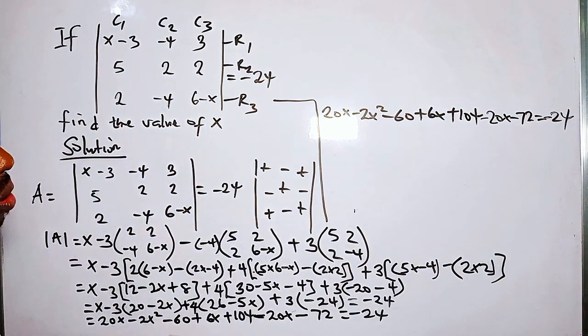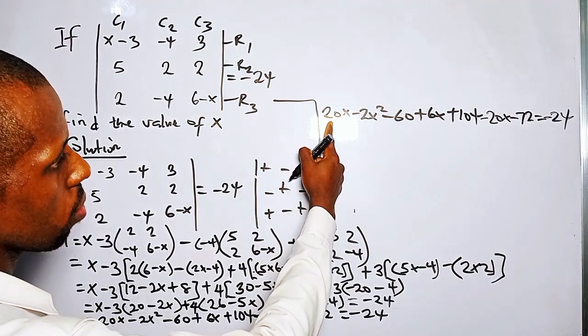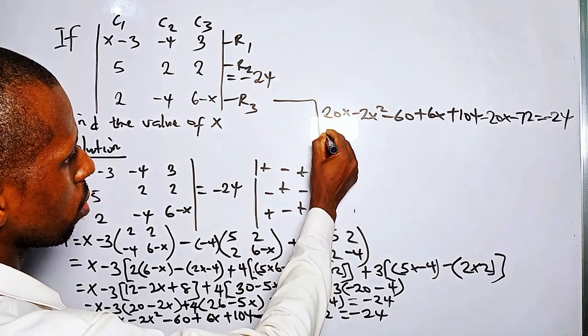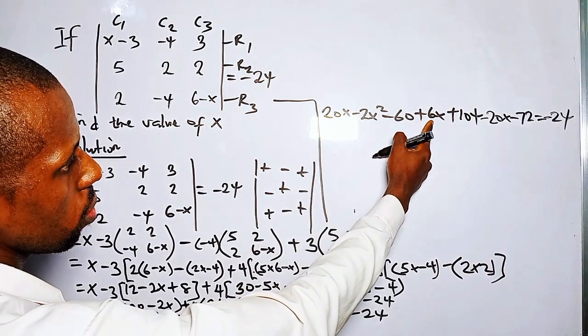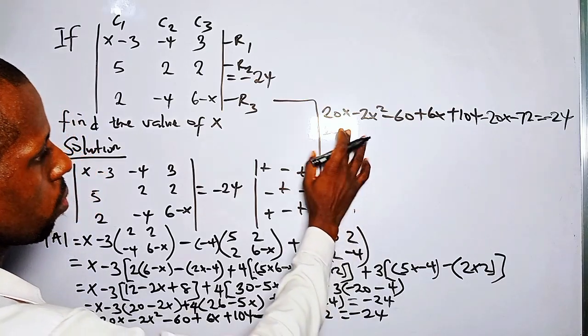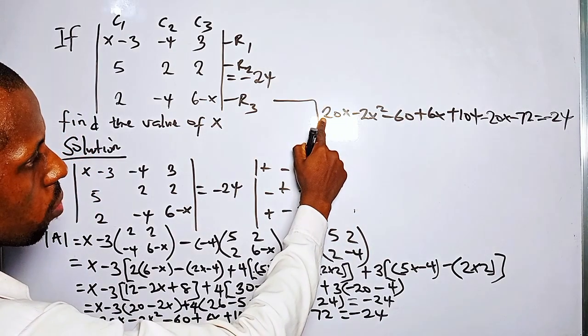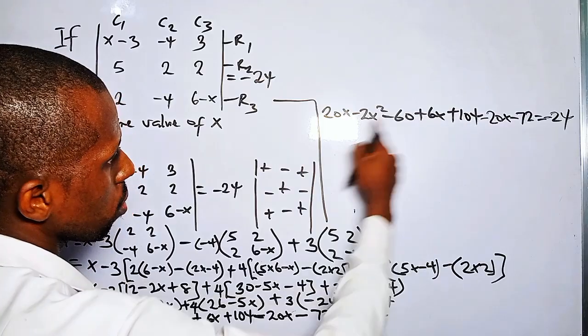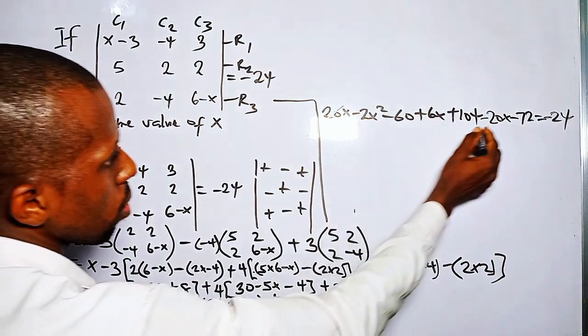Let us collect like terms. The plus 20x and minus 20x cancel out.